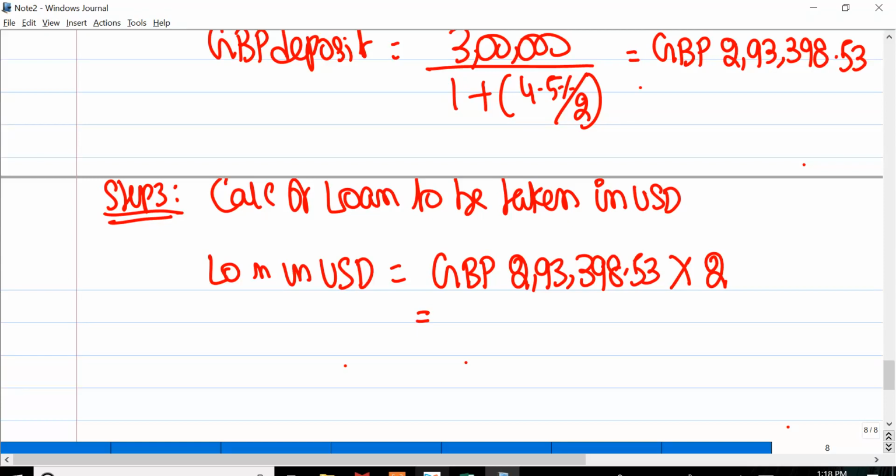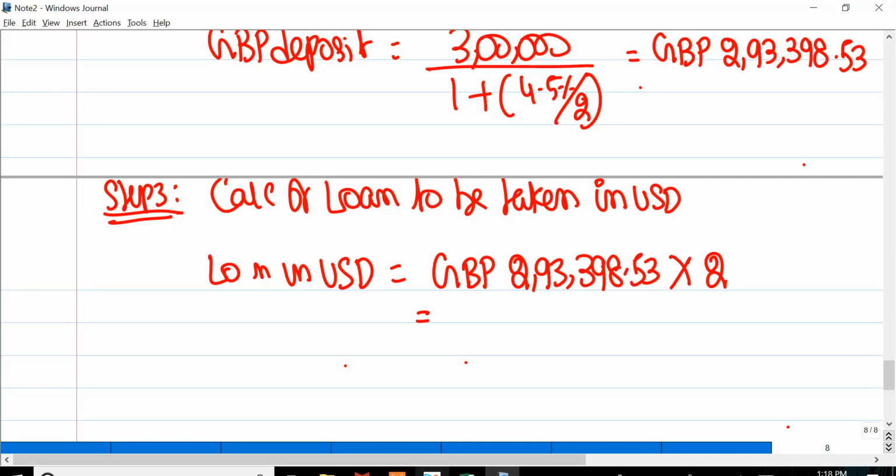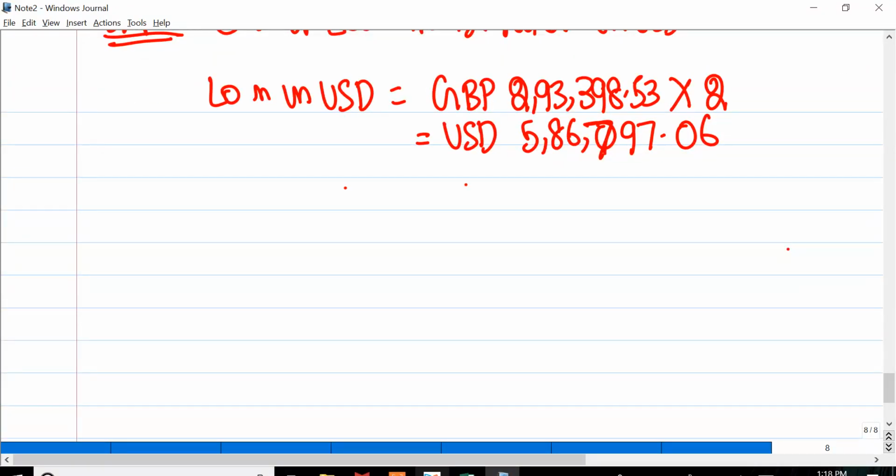You'll have to take care of division and multiplication. I hope there are no confusions there. Into 2, which will be USD 5,86,797.06. I need to take a loan of that much, USD 5,86,797.06.